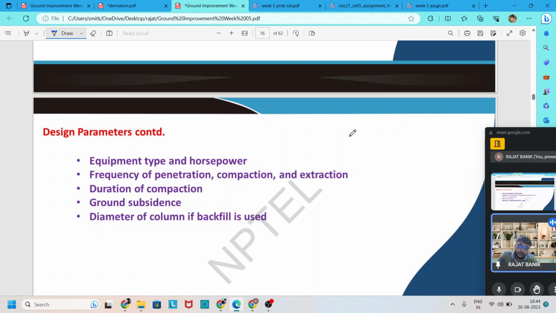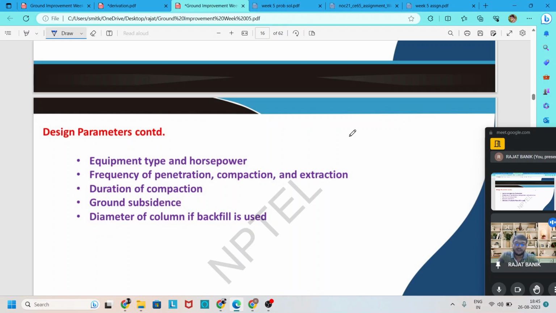Due to too much vibration, the soil becomes fluidized in nature, so it does not improve the ground. It destroys the soil structure and fluidizes the ground, so it is not suitable in our case.